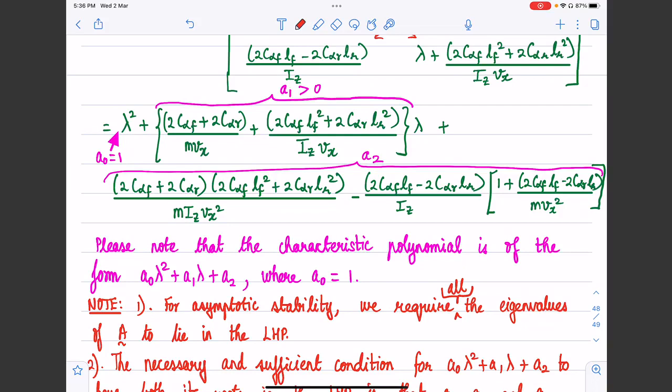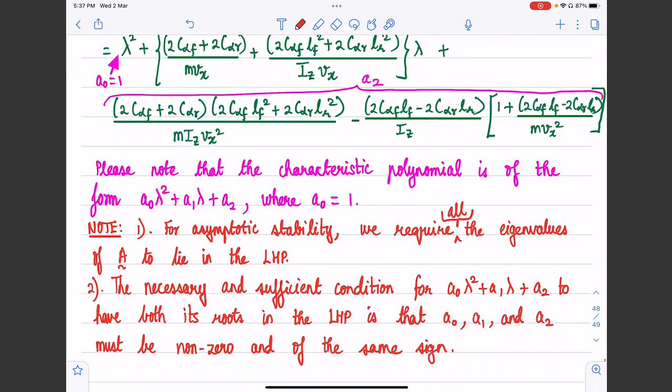That's all we want. So the question is, how do we do that? That's where another result comes to our help. If we have a quadratic polynomial of the form a naught lambda squared plus a1 lambda plus a2, the necessary and sufficient condition for both its roots to lie in the left of the complex plane is that a naught, a1, a2 must all be non-zero and of the same sign.